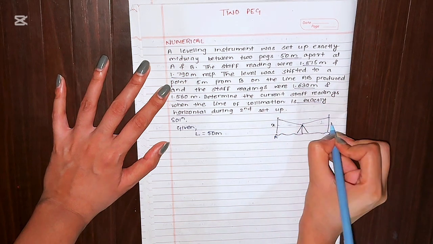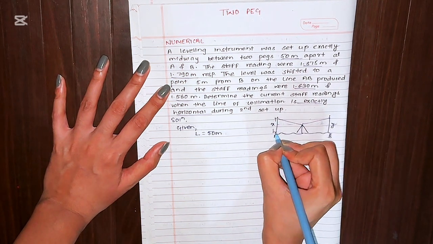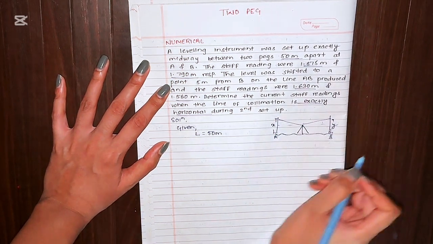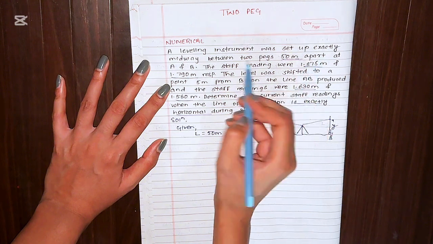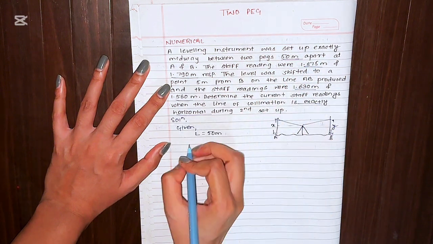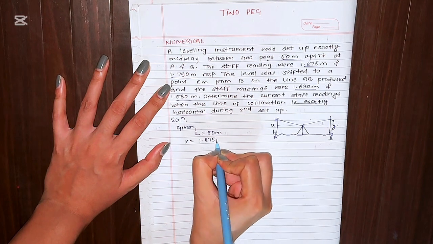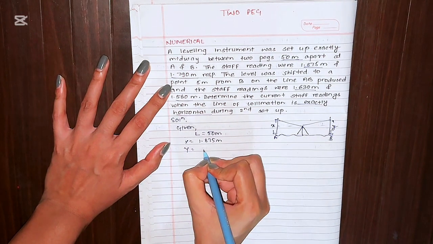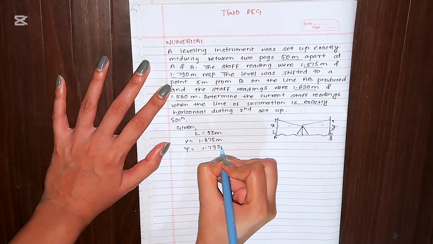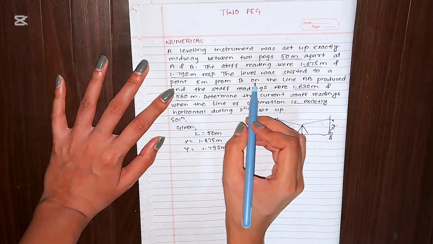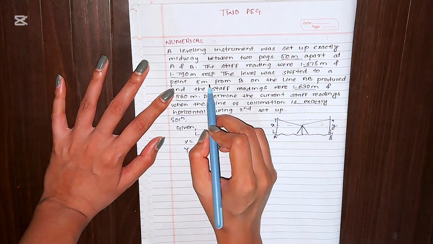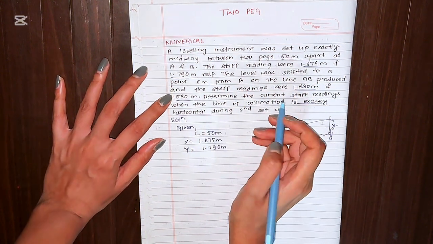This is X and this is Y. Two pegs 50 meter apart. The staff readings are X is equal to 1.875 meter and Y is equal to 1.790 meter. Now the level was shifted to 0.5 meter from B on the line AB produced.